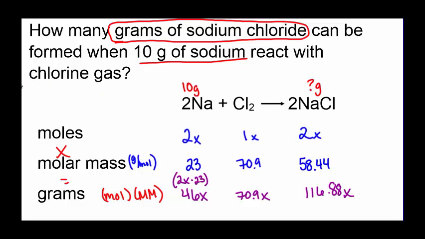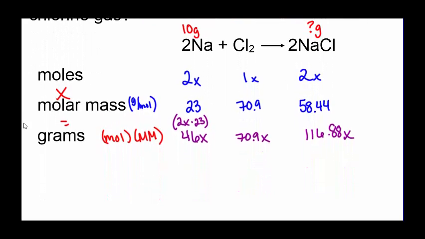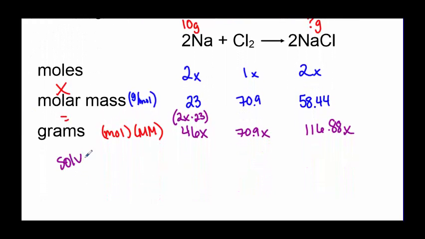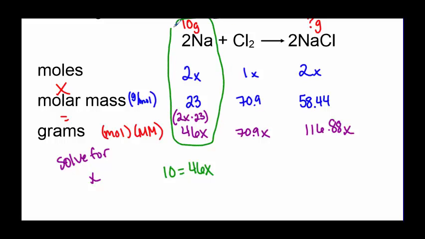All right, now I need my x factor. I need the x. Okay, so to solve for x, all right, that's our next step. Solve for x. What we're going to do is take our given value of 10, and we're going to say 10 is equal to 46x. So we're going to use this column right here to find our x factor, our x value.